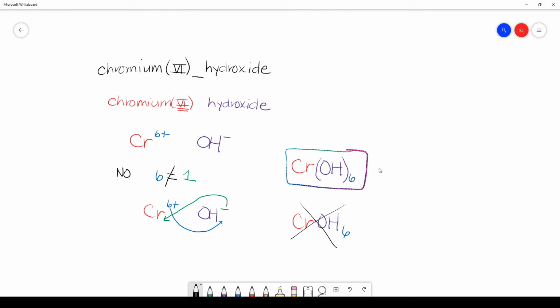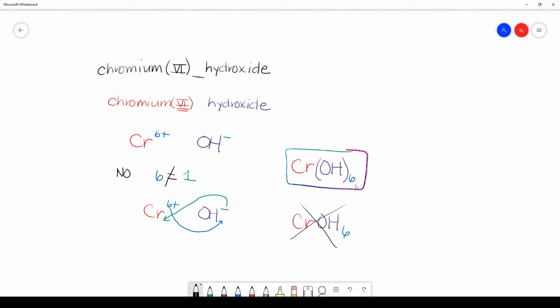And so this correct chemical formula is telling me I have 6 oxygens and 6 hydrogens. This incorrect notation for this formula tells me I have 1 oxygen and 6 hydrogens. Because the parentheses aren't here, that 6 isn't applying all the way across.